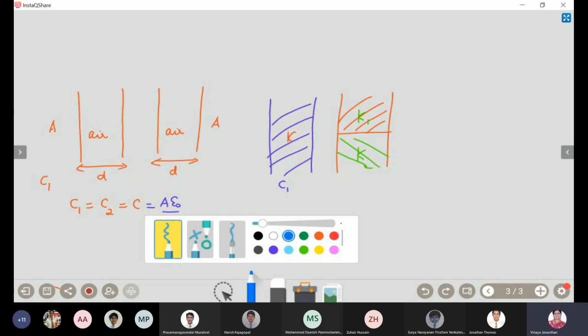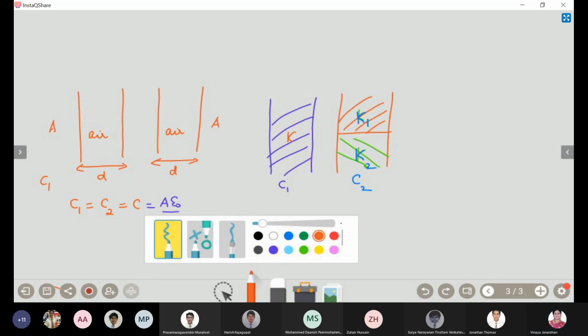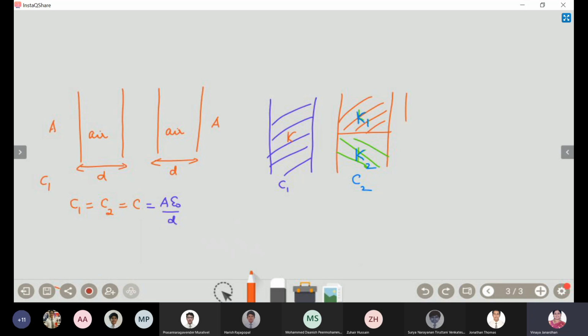Draw both the diagrams, K1 and K2. Are you clear? It's shown in the diagram. That's what they have specified, right? And this distance, so the plate area now becomes A upon 2. This plate area is A.